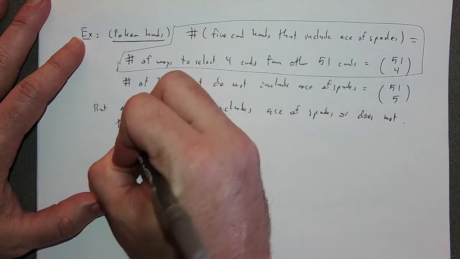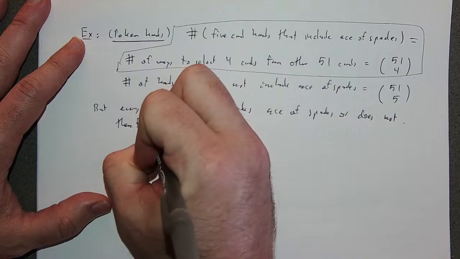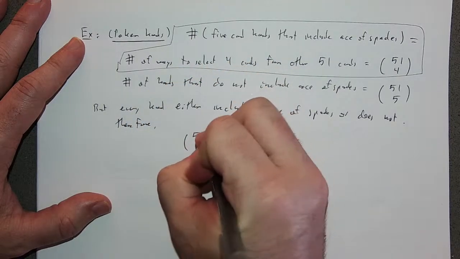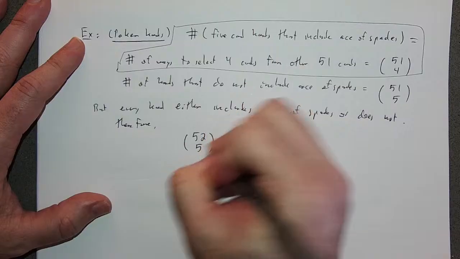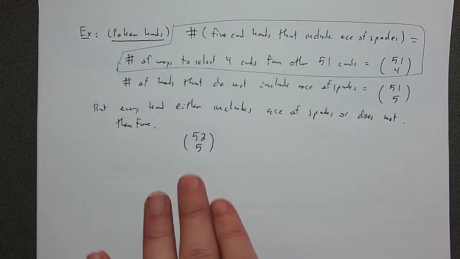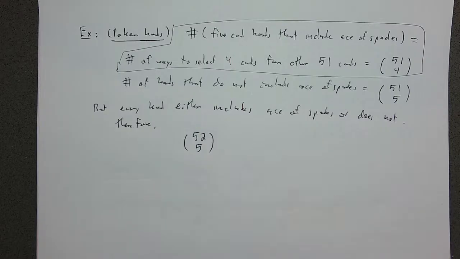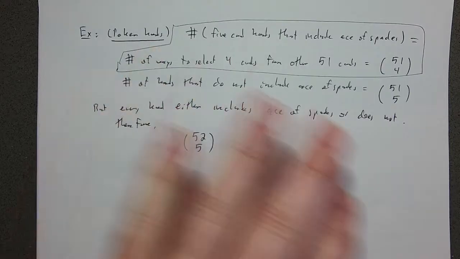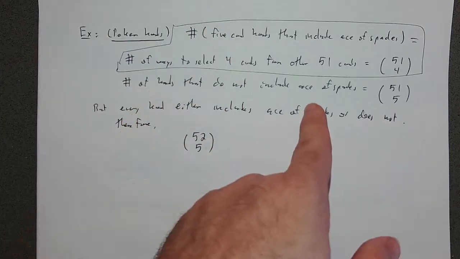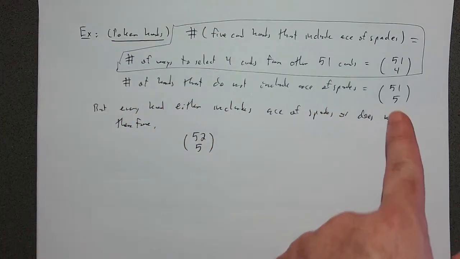Therefore, another way of thinking about this is to make any hand of 5 cards. The number of ways to do that is 52 choose 5. This includes every possible 5-card hand. But then any hand either contains the ace of spades or doesn't. The number of hands that do not include the ace of spades is 51 choose 5.